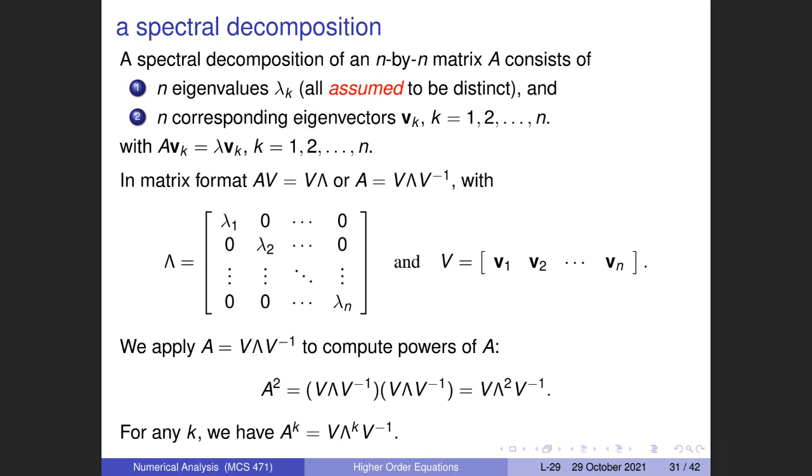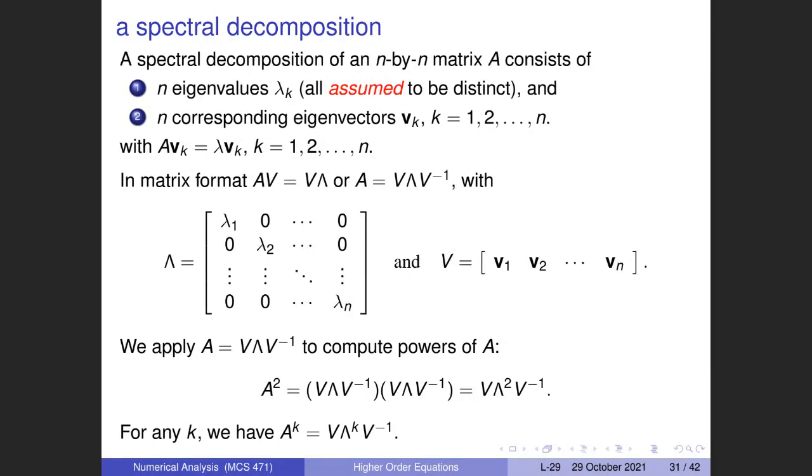But the Schur decomposition is actually a simpler form of what we call in general spectral decomposition. It's more general because we now have eigenvalues that can be complex, but it's still not quite completely general. We assume that they will be distinct from each other.